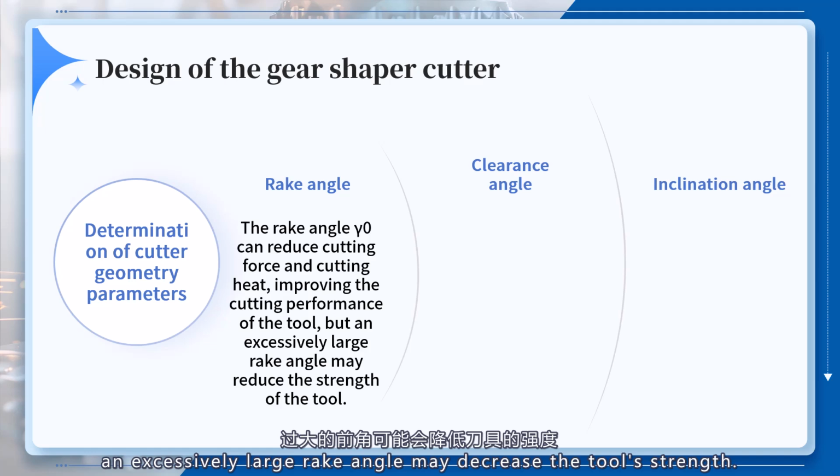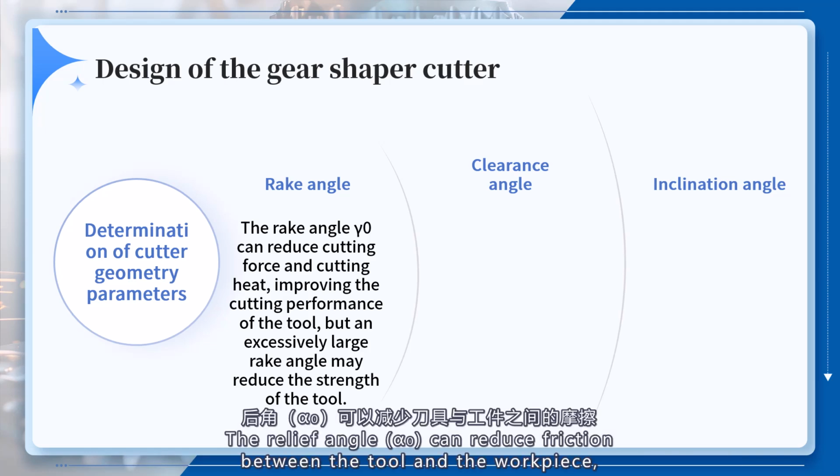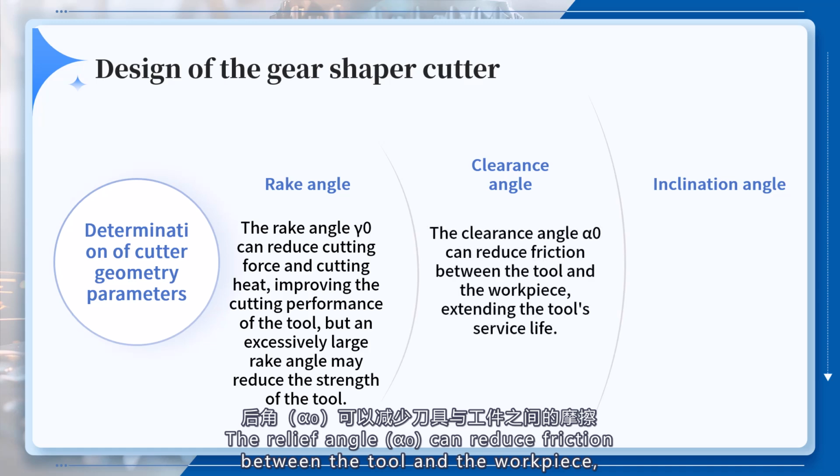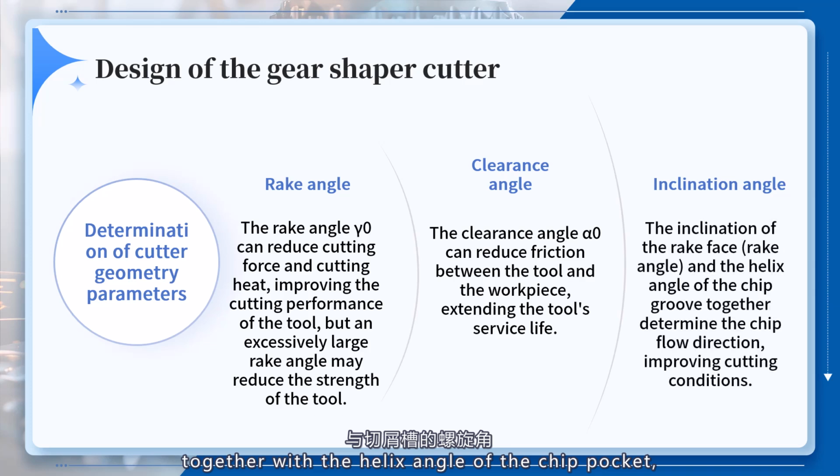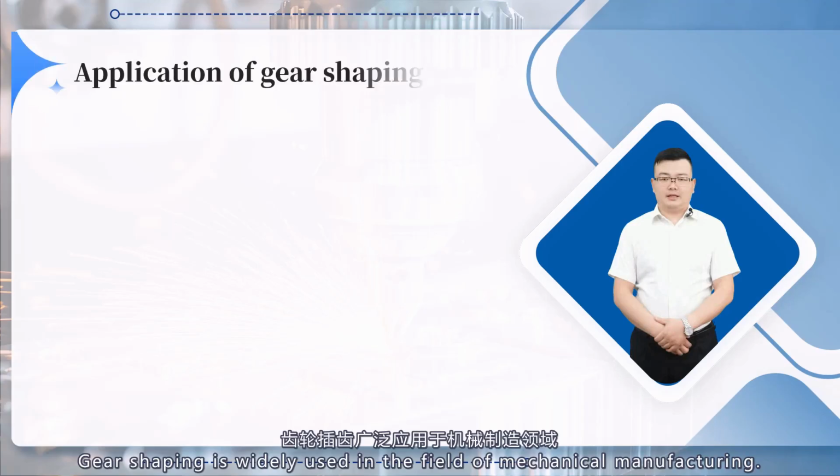However, an excessively large rake angle may decrease the tool's strength. The relief angle, alpha 0, can reduce friction between the tool and the workpiece, enhancing the tool's lifespan. The inclination of the rake face, together with the helix angle of the chip pocket, determines the chip flow direction, thereby improving cutting conditions.